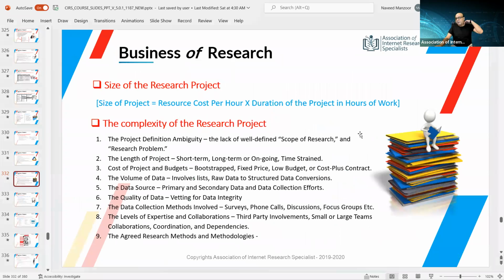And by Saturday, we'll finish up business of research. And the following week, we'll do the last of the modules, which is module 4 of internet law and ethics.